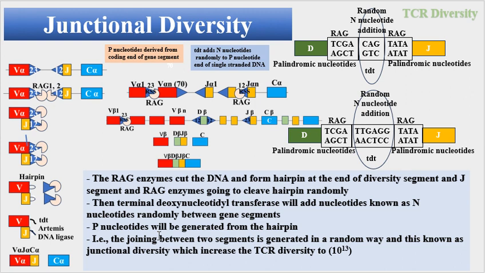P nucleotides will be generated from the hairpin. That is to say, the joining between two segments is generated in a random way, and this is known as junctional diversity, which increases the T cell receptor diversity up to approximately 10 to the power 13.